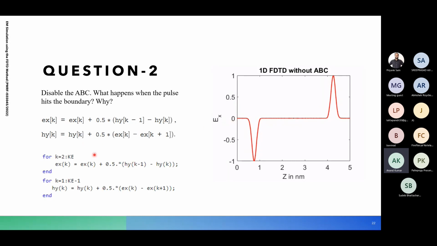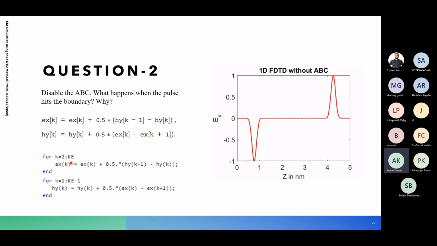In our code, if you notice the code which I shared, we were actually calculating the electric field values from 2 to KE, and we are skipping the electric field at K equal to 1. When we initialized the electric field value at K equal to 1, it was initialized as 0 and it stays 0.